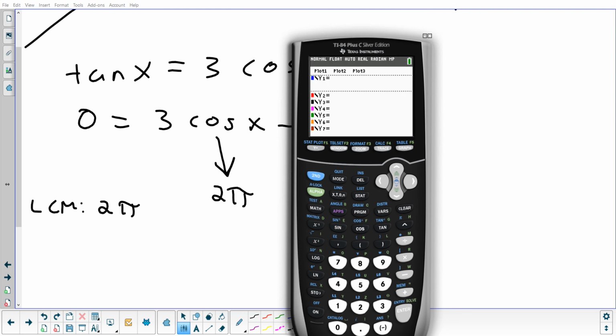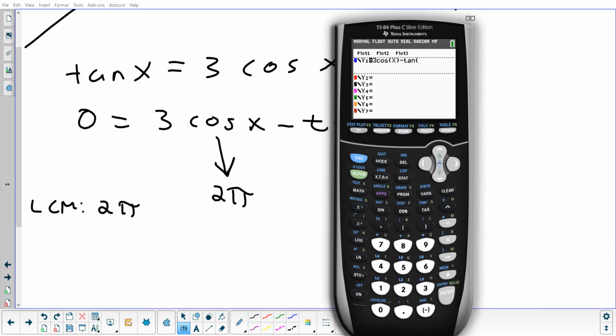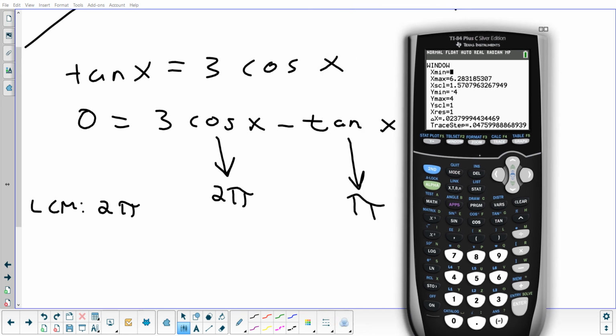So we've got 3 cosine x minus tan x. Now, I know cosine has a range of -1 to 1. What's the range on tangent? How high and low does that go? Ashley? Yeah, that goes negative infinity to infinity.